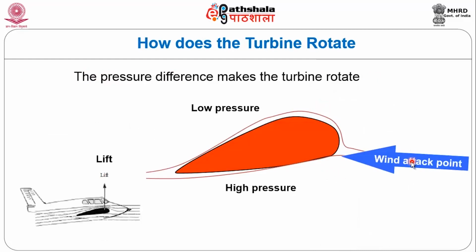And how does the turbine rotate? The pressure difference makes the turbine rotate. The wind attacks the point, and here there is the high pressure wind, and here the low pressure wind, and because of the pressure difference the turbine rotates.